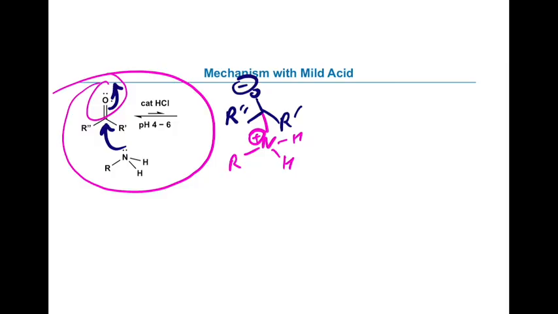Because why? What is more basic, nitrogen, like this ammonia, or oxygen? In other words, if I protonate my carbonyl, what is the pKa of the positively charged oxygen carbonyl species? It was there at the beginning of class. Negative 9. What's the pKa of a positively charged nitrogen species?